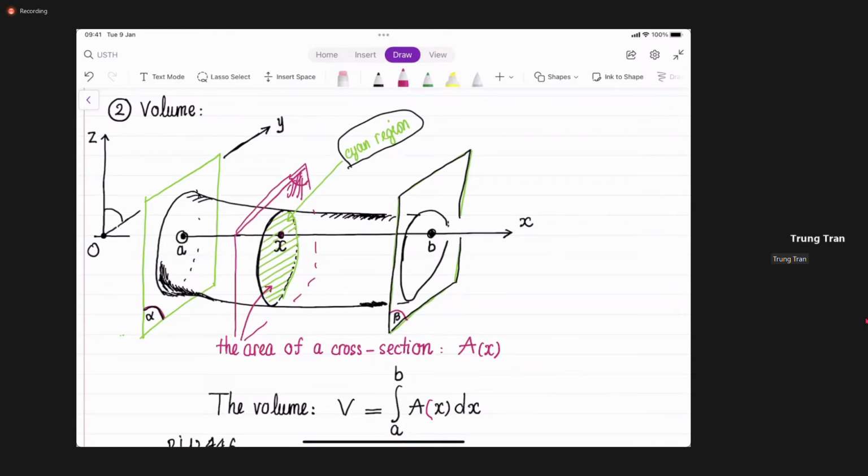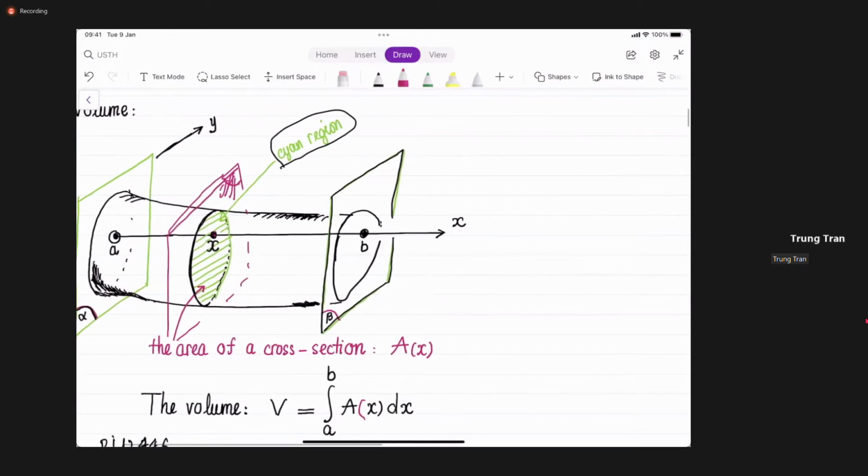Another one is plane beta, that touches the solid, and the solid is on the left with respect to the plane beta. So you have the domain.